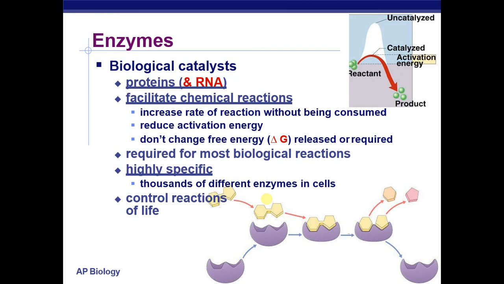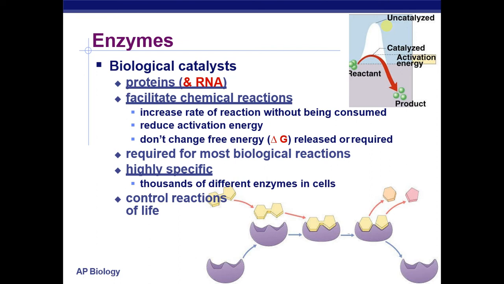Now, the important thing is they are not used up in the chemical reaction, so they can keep going, catalyzing reaction after reaction without being used up. And they don't change the amount of energy that we get from the chemical reaction. All right? They don't change the difference in the energy level of the reactants and the products. They just change the amount of energy we have to put in to get over that initial bump.